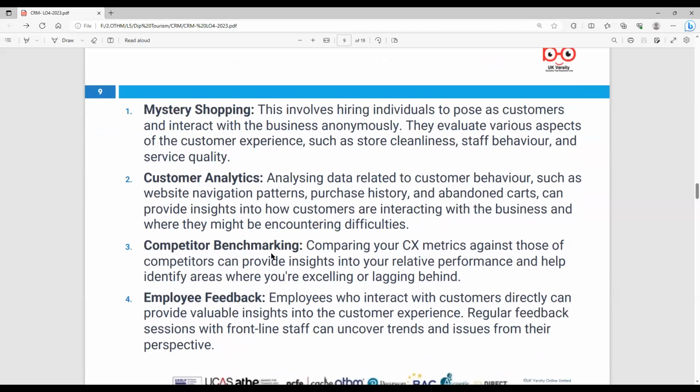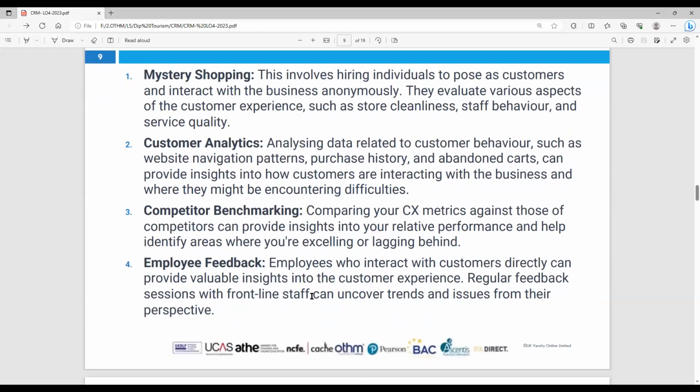Okay, employee feedback, and there are other methods that we can use. Employee feedback is, what do you think about particular employees? How did they react with the customer? Did he or she give you good feedback? Was it helpful?